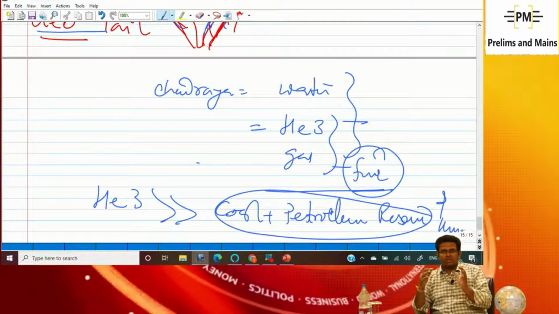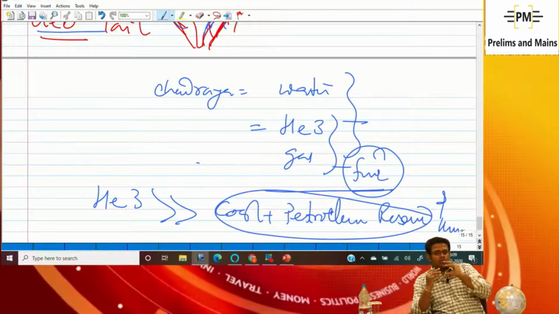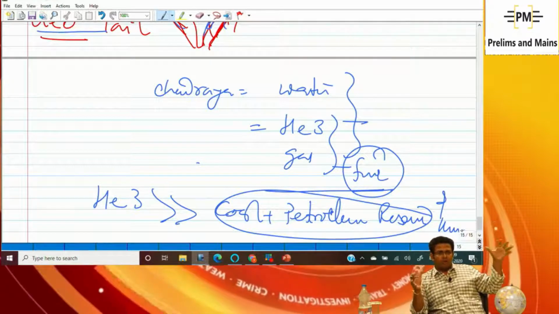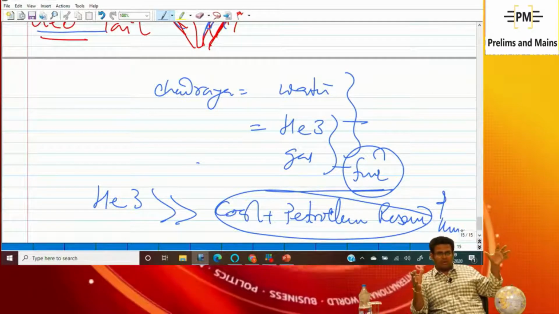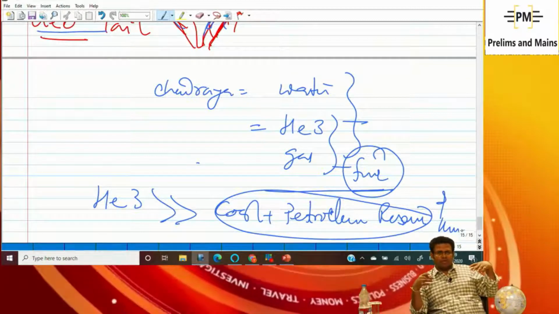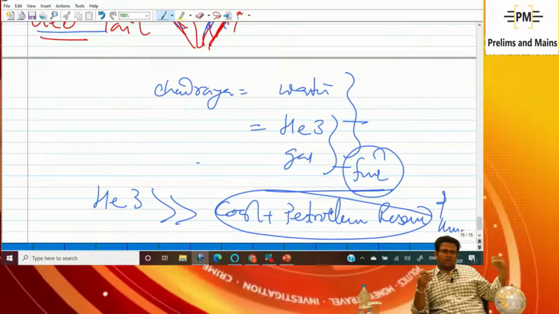So helium-3 has such a high amount of energy, far more than whatever coal, petroleum, biomass, and fossil energy we have. You can think of how much more helium-3 is.